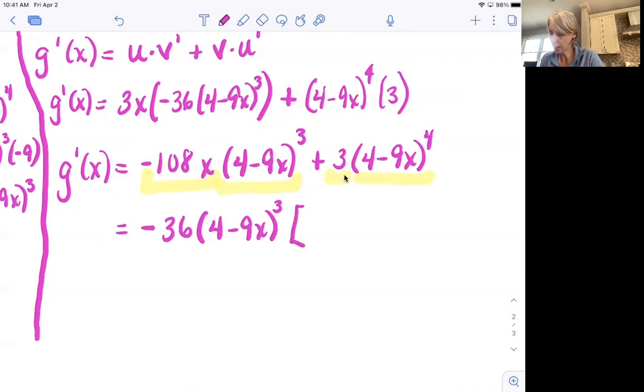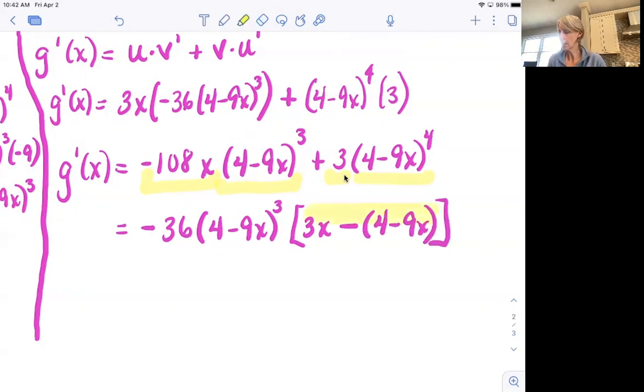So if I factored negative 36 out of negative 108x, I'm left with 3x. All of that came out. This is going to change to a minus sign. And I have 4 minus 9x to the first power.